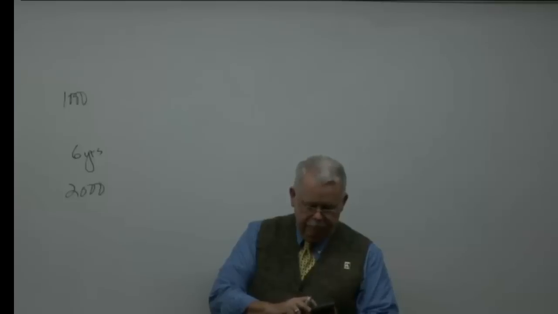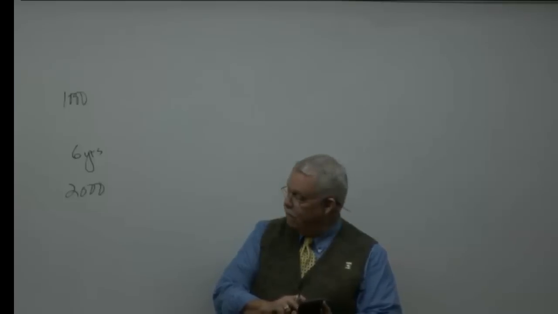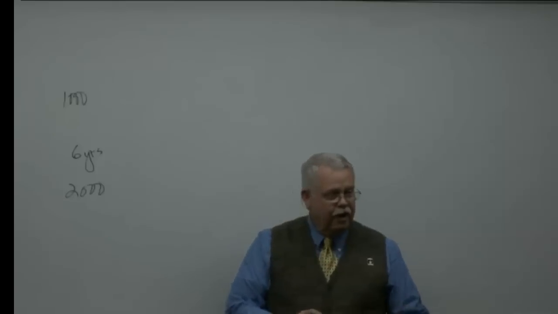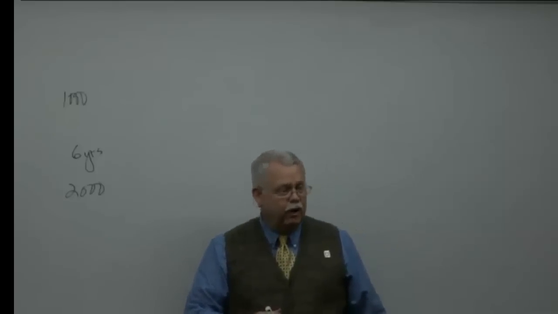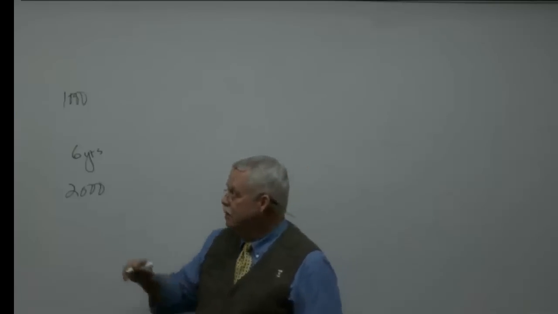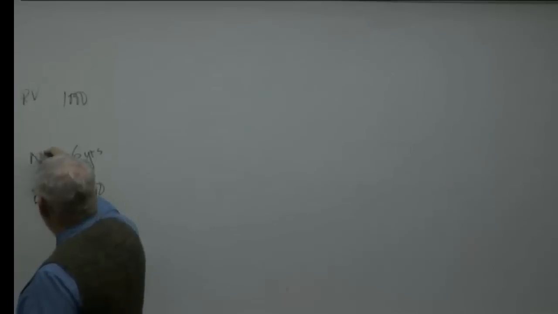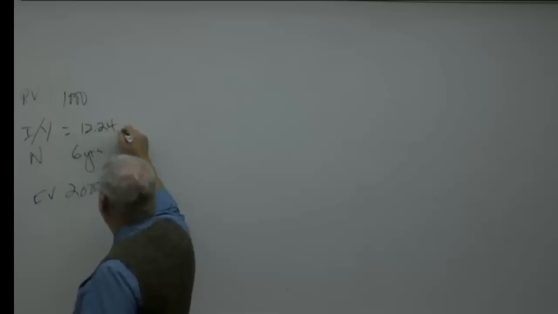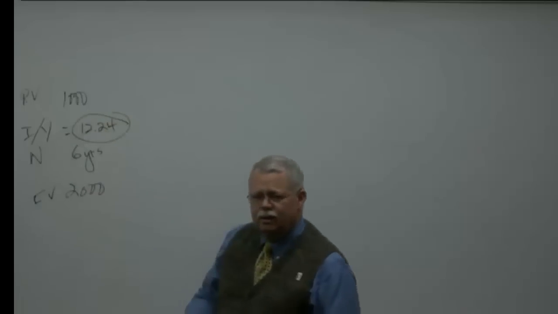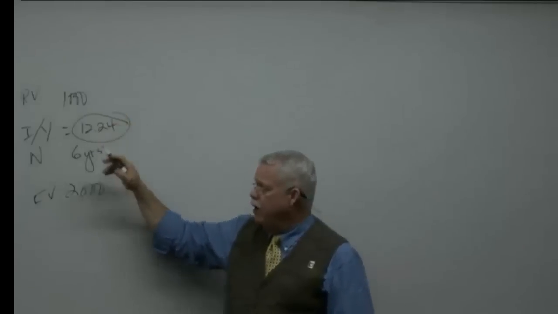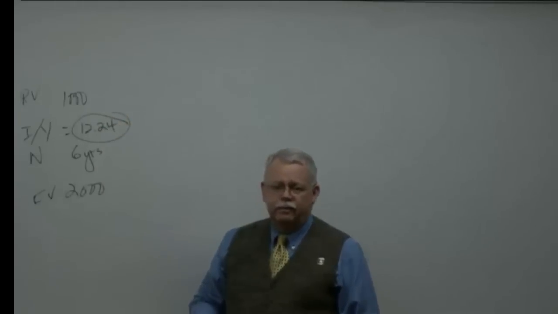When you do this, present value, future value, calculate I, you get 12.24, 12.25, something like that. If your investment doubles, that's the kind of calculation you do. So you did 2,000.